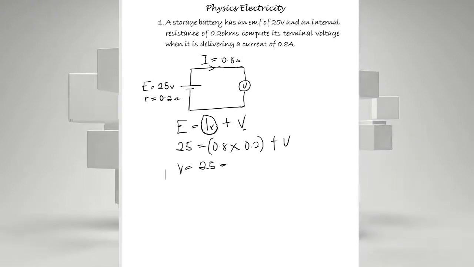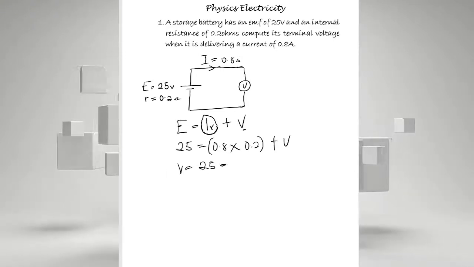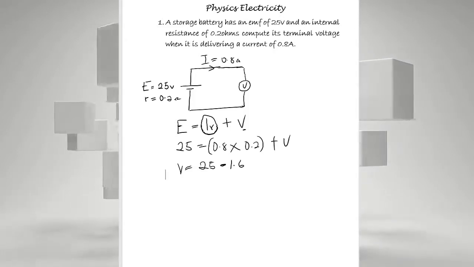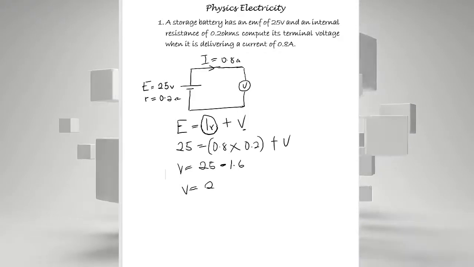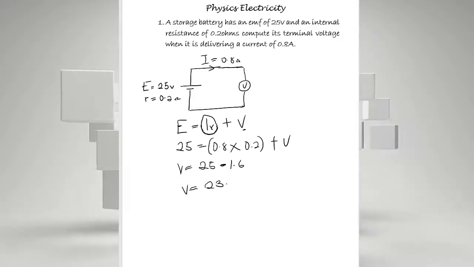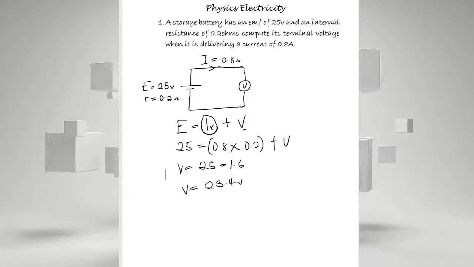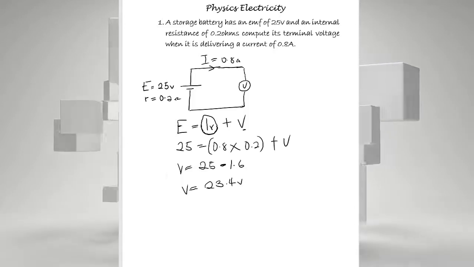When the 0.8 times 0.2 crosses over the equal to sign, it becomes minus. So 0.8 times 0.2 is 1.6. So V is going to be equal to 25 minus 1.6, which will give us 23.4 volts. Very easy, right?